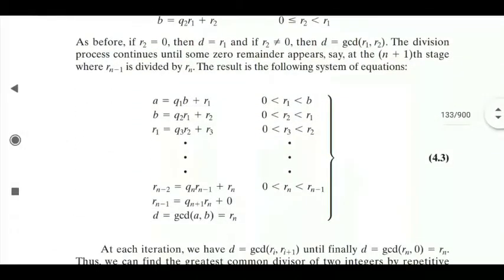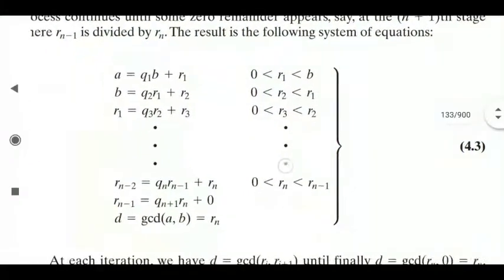In the first step, A equal to Q1 B plus R1, where R1 is less than B. In the next step, B is equal to Q2 R1 plus R2. In the third step, R1 equal to Q3 R2 plus R3, and so on. At last, Rn minus 2 equal to Qn Rn minus 1 plus Rn, and Rn minus 1 equal to Qn plus 1 Rn plus 0.